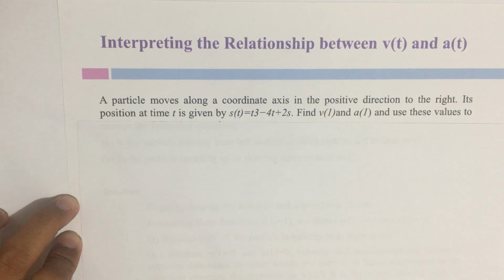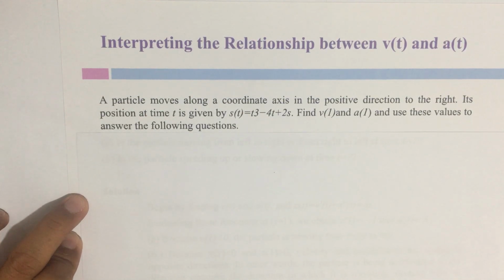And we are asked to find v of 1, or the value of the velocity at t equal to 1, and also the acceleration at t equal to 1, and use these values to answer the following questions.